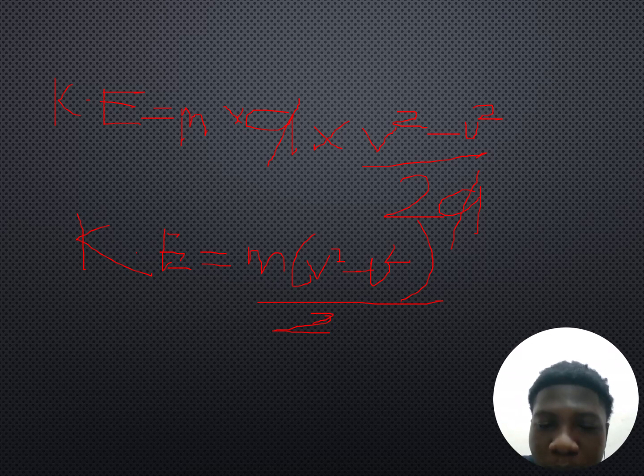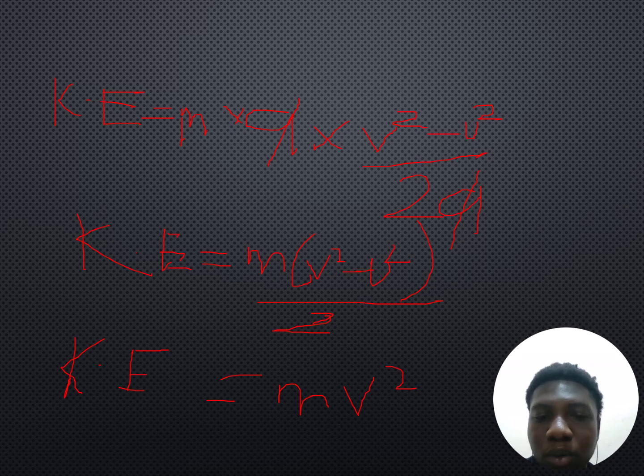You only use this formula when you are given two velocities, when there is a change in velocity in the question. So maybe we'll take an example of that during this video. But when there is only one velocity, we use the formula m v squared.